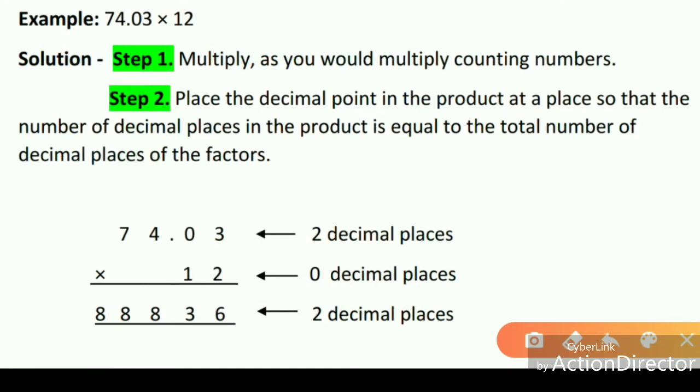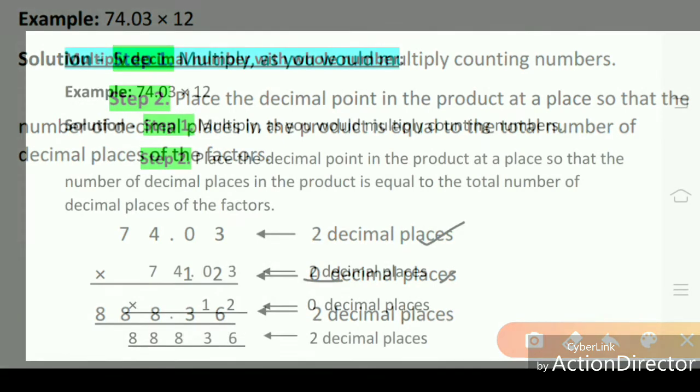Here 74.03 multiplied by 12. When we multiply these both numbers, we get the product 88,836. Here the first number 74.03 has 2 decimal places and 12 has 0 decimal places.